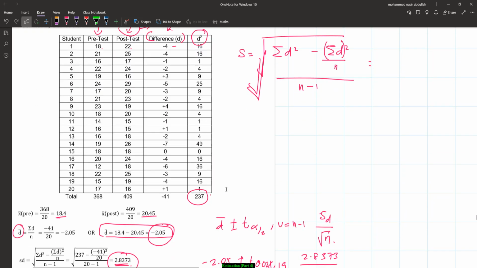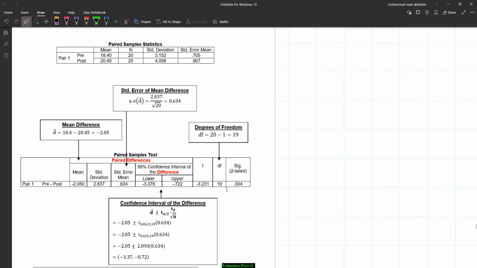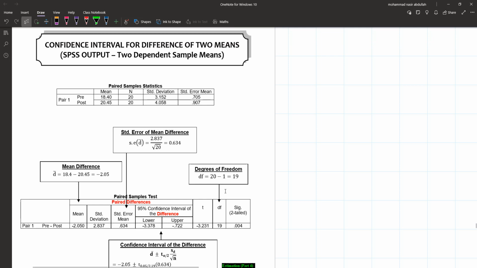Now I'm going to show you how to read the confidence interval of the difference between means when we have two dependent samples. First, as usual, we have the mean and standard deviation for each group, pre and post, and then this is the paired sample t-test. The mean here represents the mean difference. The standard error here represents the standard error of the mean difference, which is standard deviation divided by square root of n.